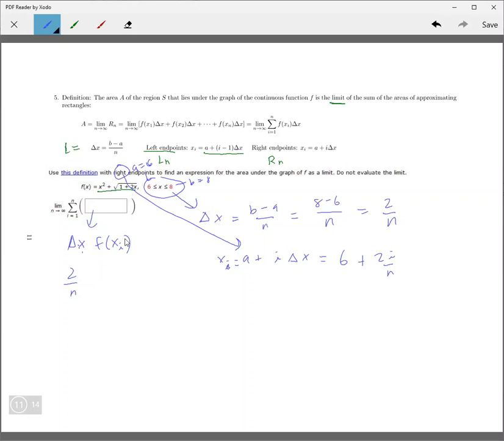So here's our f. We put these in for the x's right here.